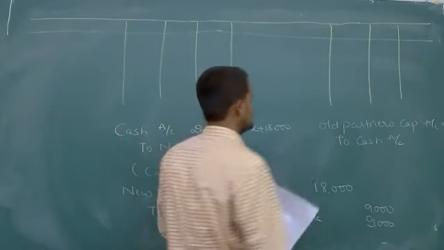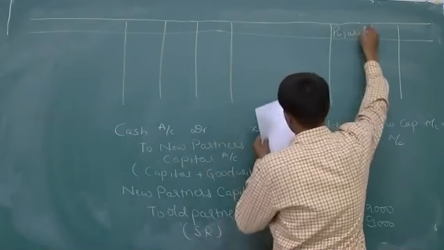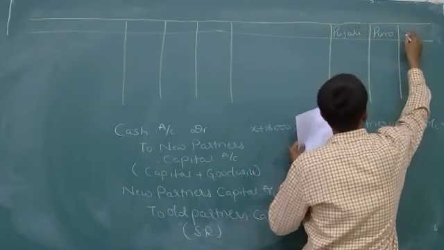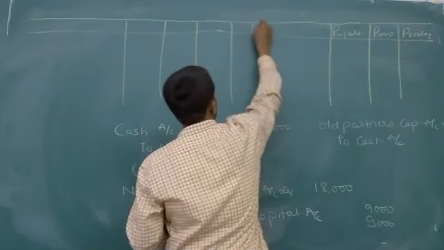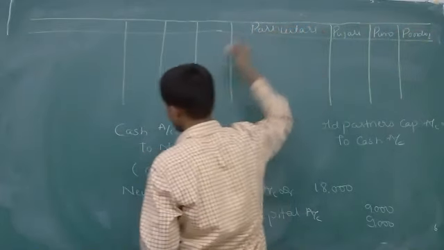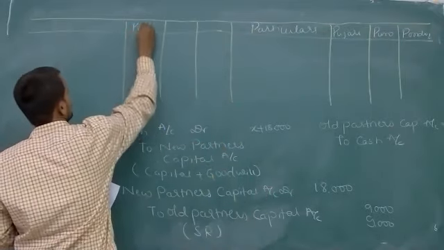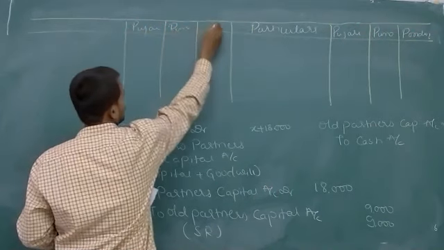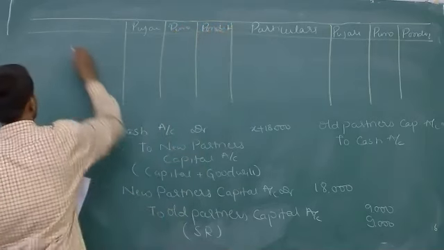So first, let me write the names of the partners. One is Pujari, next is Purohit, and the next one is Pandit. This is particulars, and I hope you can judge that this is a partners' capital account.